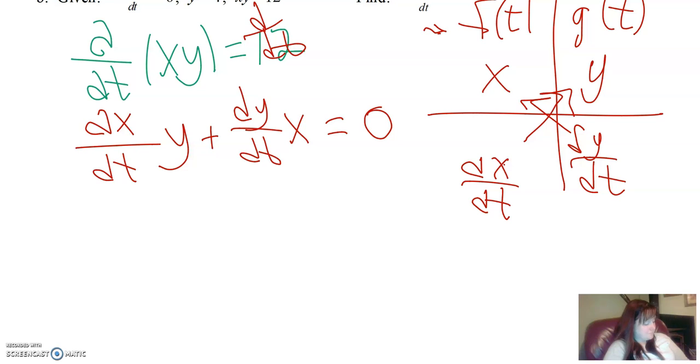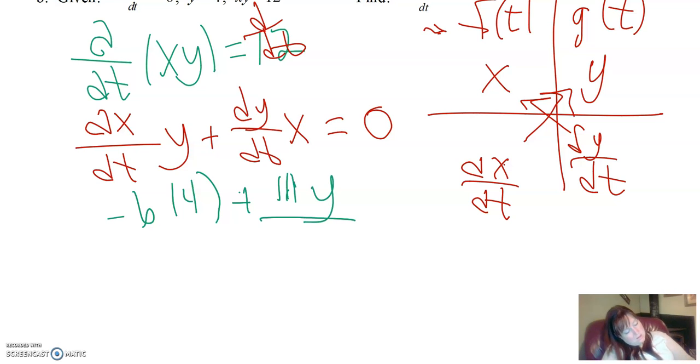We were given that dx/dt equals -6 at this point, so we can plug that in. We were also given that y equals 4. And we don't know dy/dt. That's what we're trying to find.